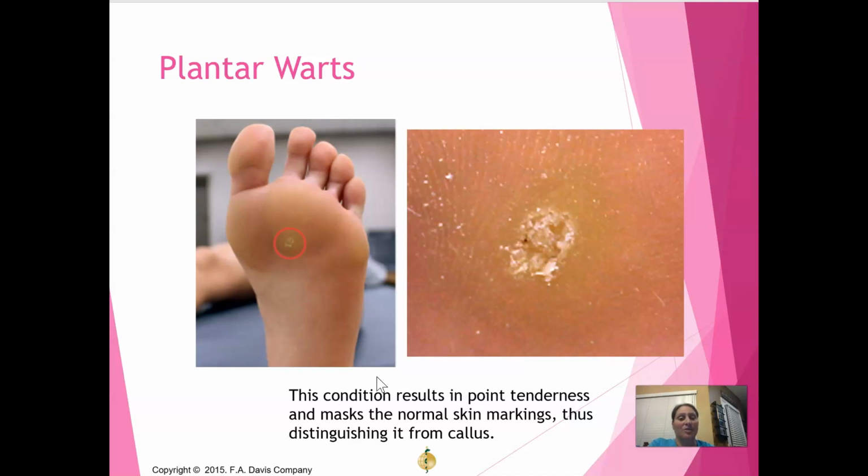There are different over-the-counter things that you can try, like Compound W, and when it's small like this, it's great. And I told him, if you're not going to do that, then you need to make an appointment with your primary care physician and get that taken care of.